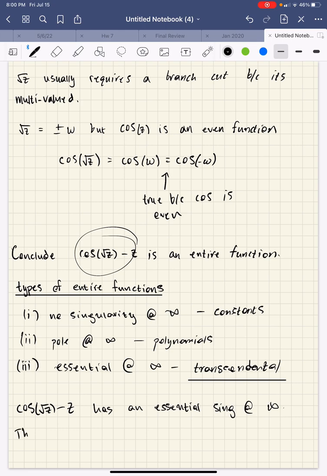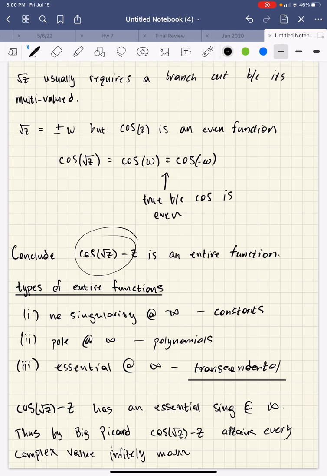Thus, by our big theorem, by big Picard, cosine of square root of z minus z attains every complex value infinitely often, or infinitely many times, with at most one exception.